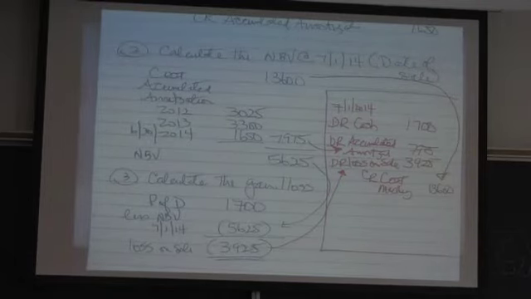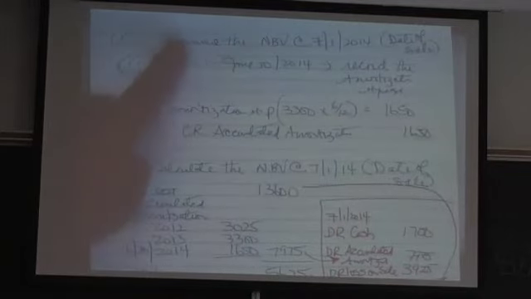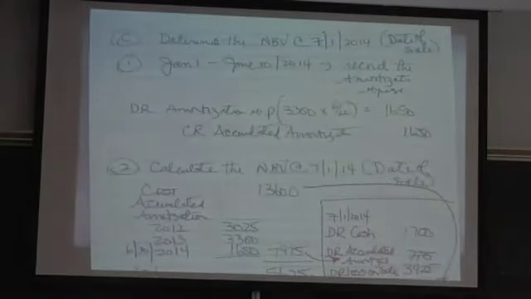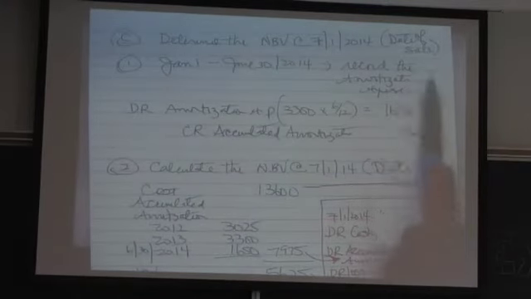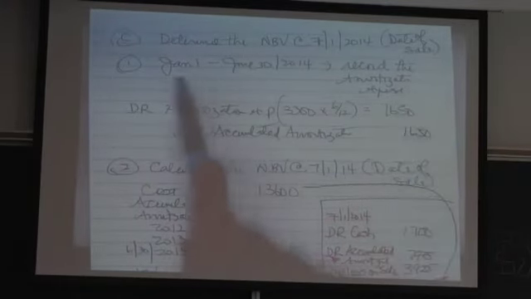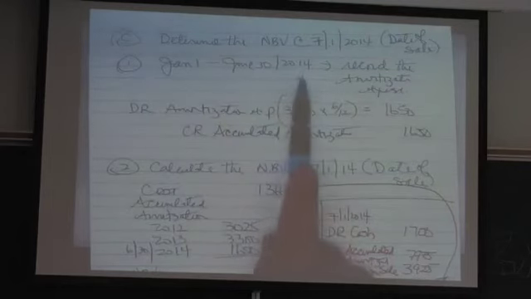So as a recap, when we sell an asset, the disposal, we need to be mindful of the date of sale. The date of sale was June 30th or July 1st, 2014. So the first step is we need to record the amortization expense for the period of use prior to the sale.